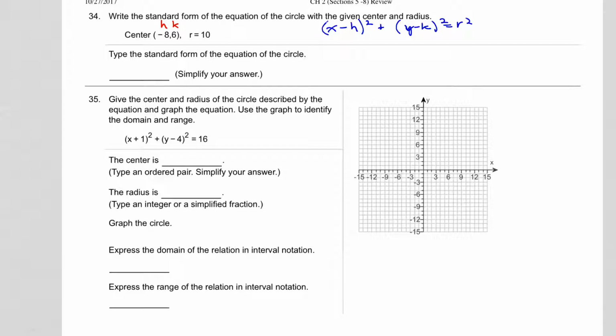And so the h is a negative 8, and the k is a 6. So notice that there's two negatives for the x part, so this is going to be positive 8. And this one's going to be negative 6 as usual. And we forgot our 10 right here, so that's going to be 100 to the power 2.